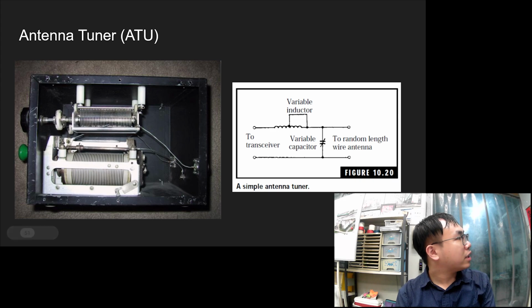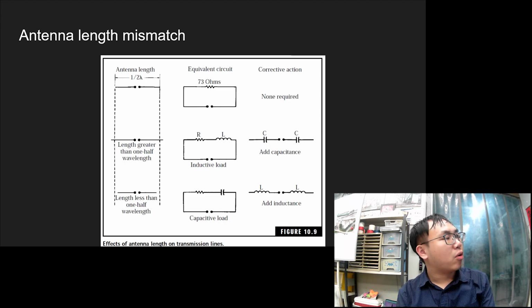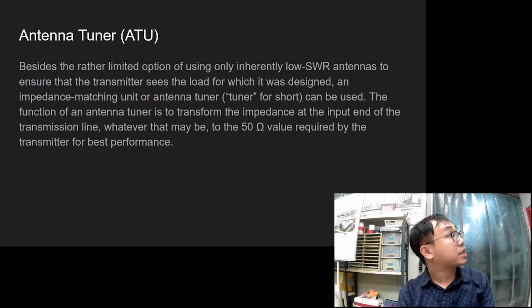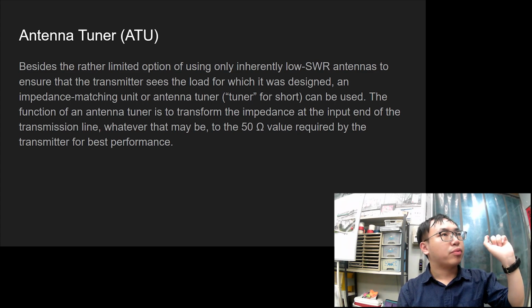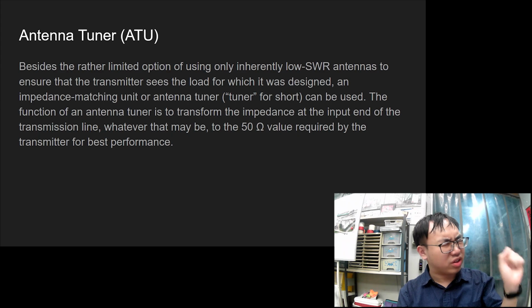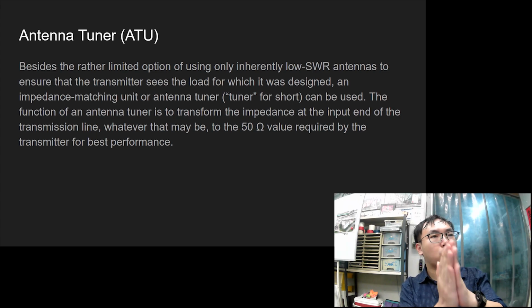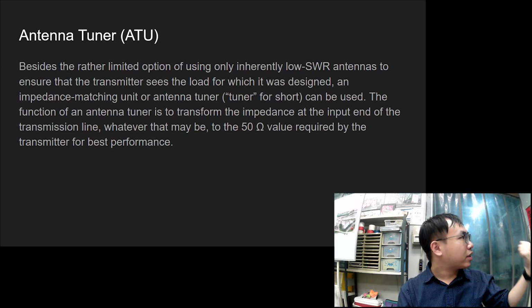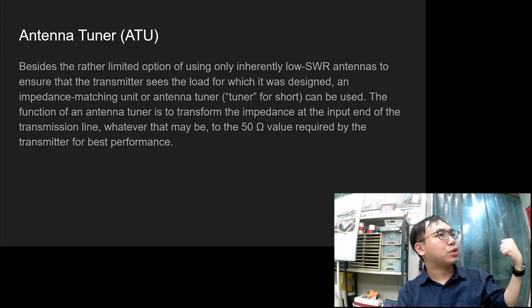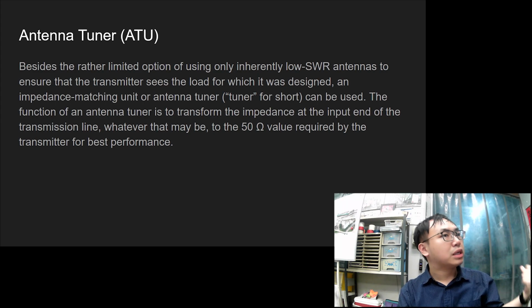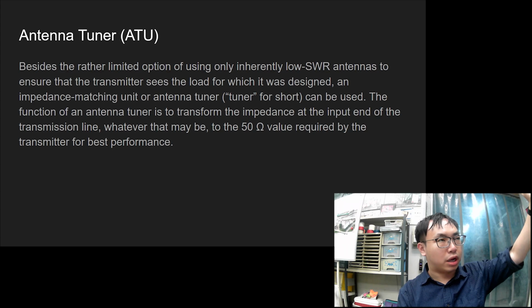So by tuning your loop here, you can add capacitance or add inductance to your antenna system, so that even if it is not exactly receiving the 1/2 lambda wavelength, it can help you minimize your standing wave ratio. So the antenna tuner unit helps to minimize your reflected power without changing the length of the antenna.